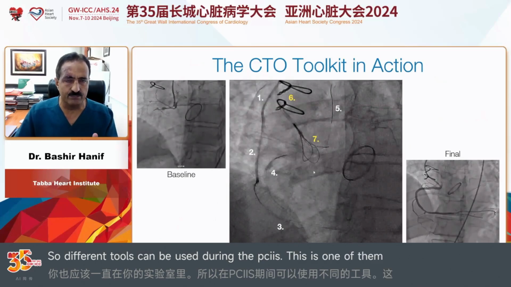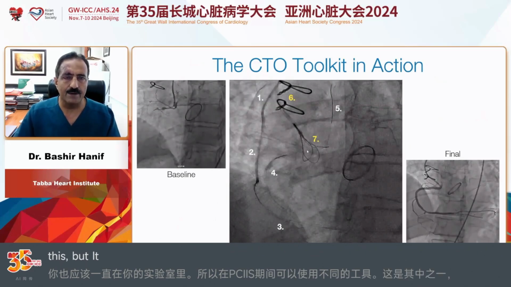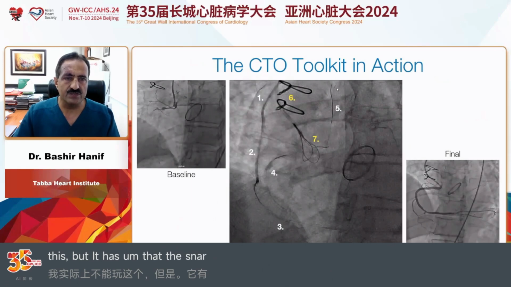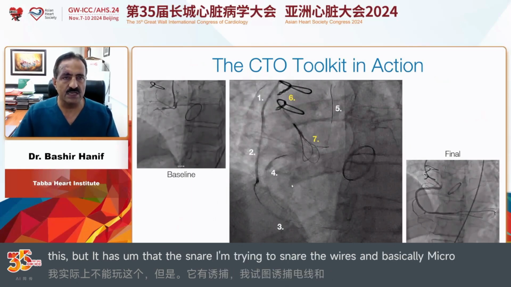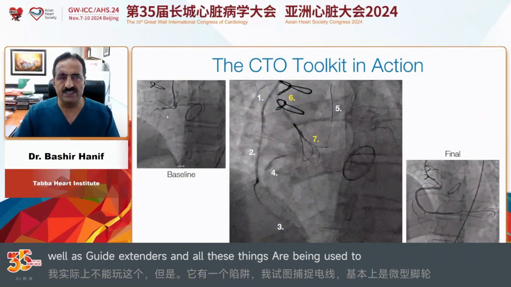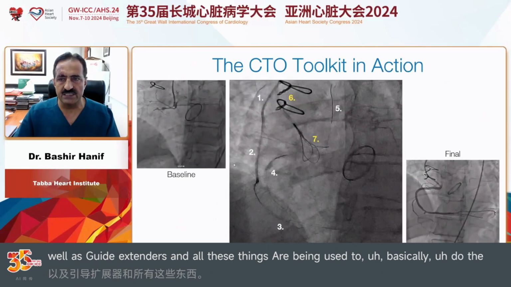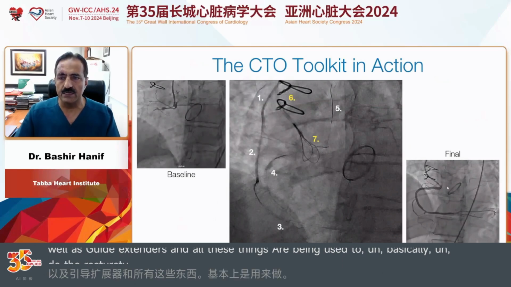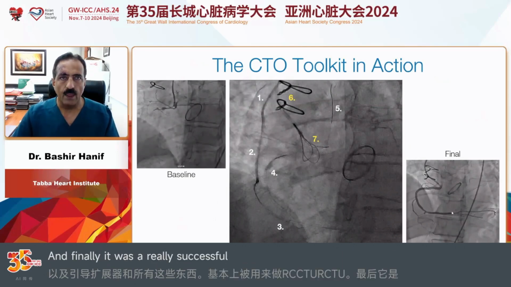So different tools can be used during the PCI, and this is one of them. I could not actually play this, but it shows the snare trying to snare the wires, along with a microcatheter as well as guide extenders, all being used to do an RCA CTO, and finally it was really successful.